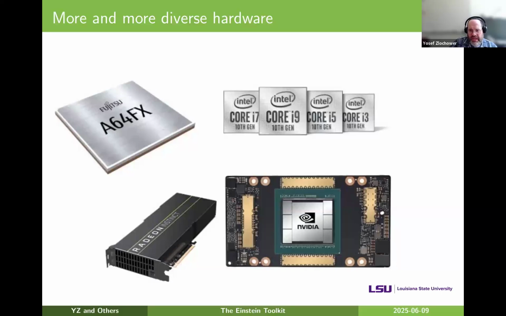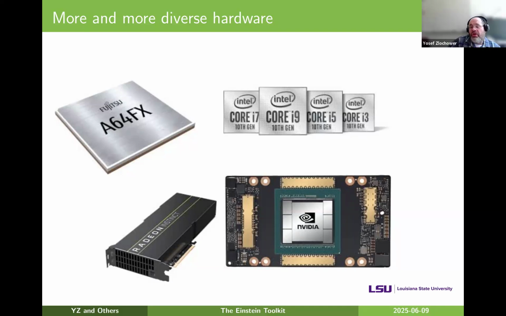One of the issues you have to think about when writing a modern code is how to run on modern hardware. We've left the era where there was basically just a single CPU that was dominant, and you just had to write code for that. Now we have both CPUs and various types of accelerators, and we need a code which can actually run on all these different platforms.